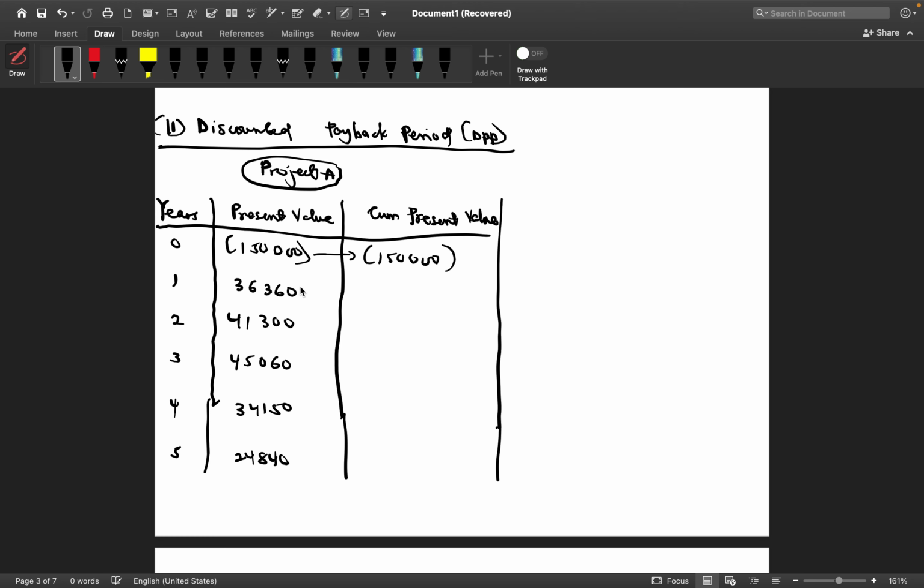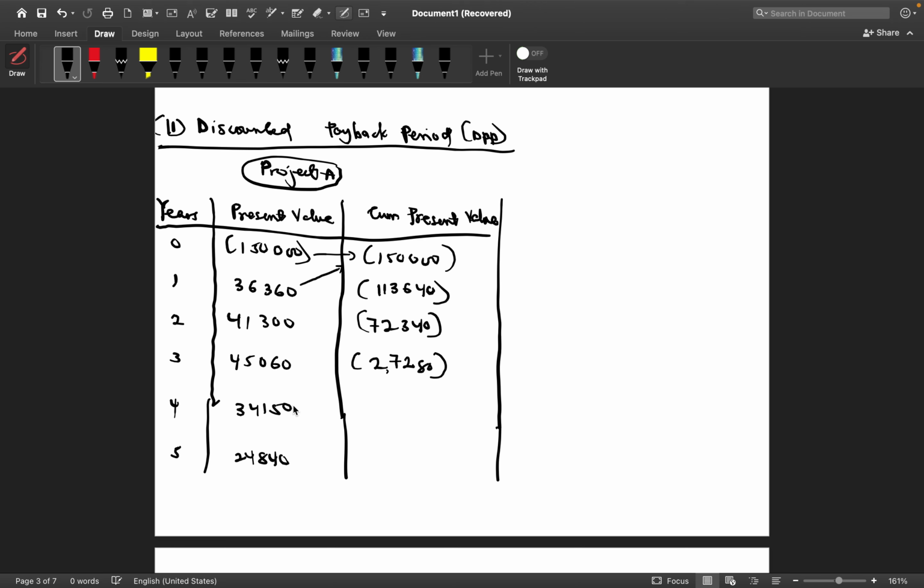Subtract 36,360 from that. That gives us 113,640. Maintain it on the calculator. Subtract 41,300 from it. We have 72,340. Maintain it. Subtract 45,060 from this. That would give us 27,280. Now maintain this on the calculator.